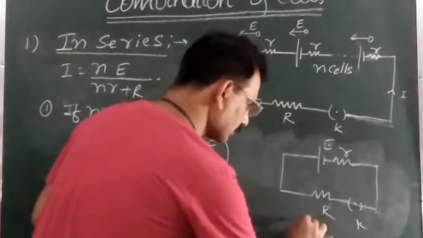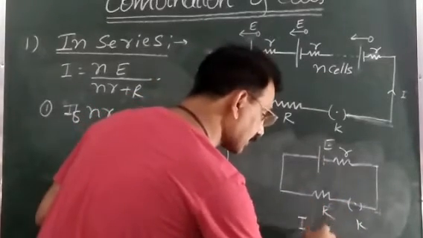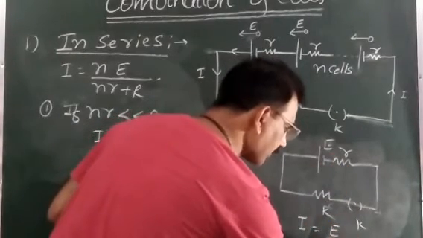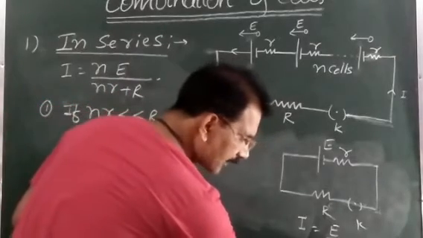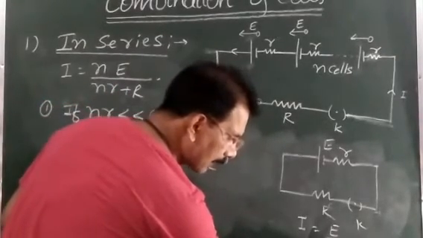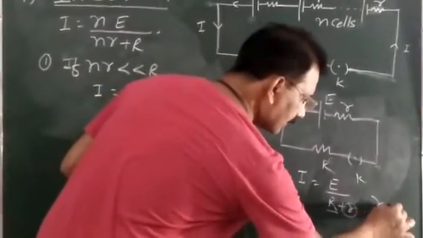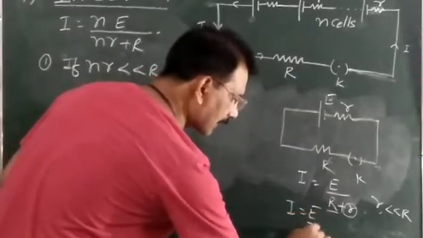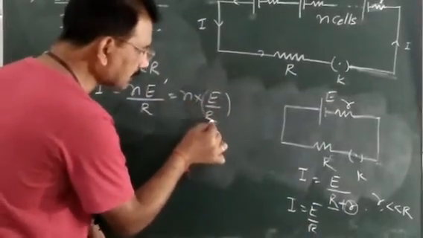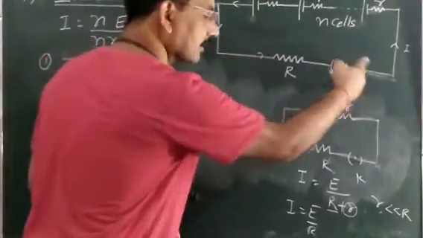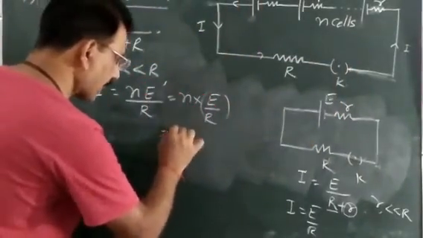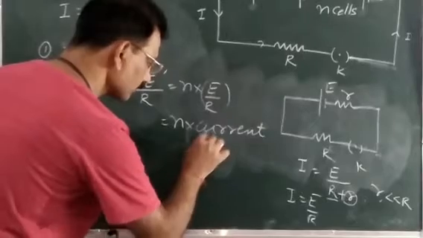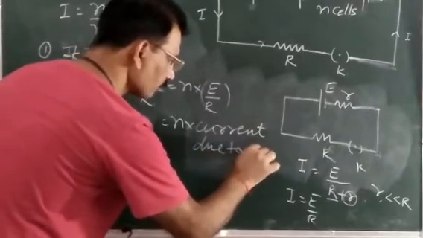The current sent by this one cell in the external resistance is I equal to E upon r plus R. And if r is very small in comparison to capital R, then I is equal to E by R. It means E by R is the current sent by one cell. In this way, the current is n times the current due to one cell.